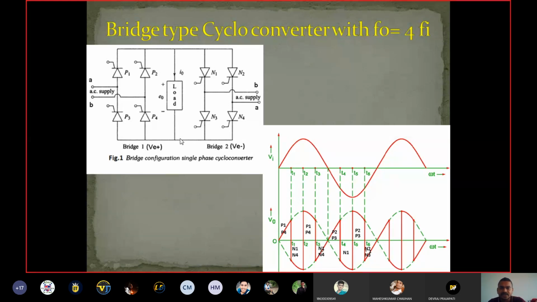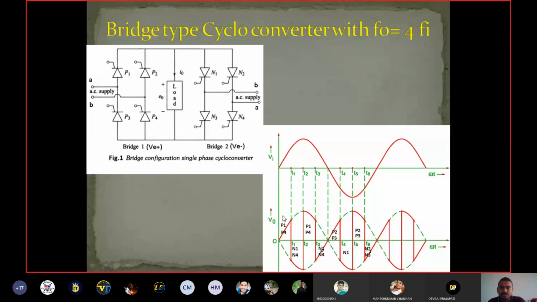So we are getting the positive output. During the time duration from the 0 instant to T1, the P1 and P4 thyristors remain on, and we are getting the positive output.